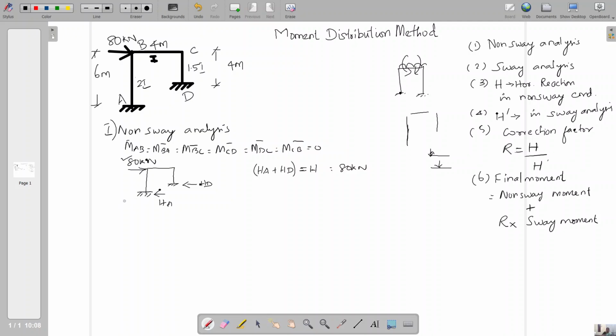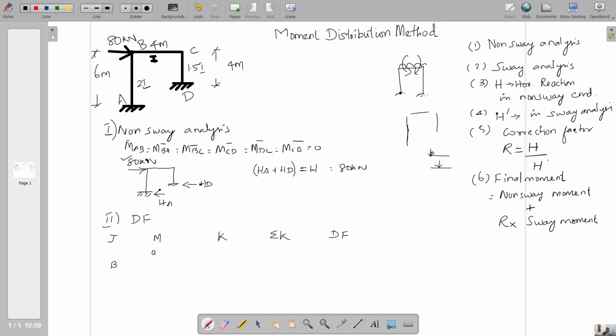The second one, we are coming to the distribution factor, because there is no need of calculating the distribution factor for the non-sway analysis. Then I am giving the distribution factor analysis. How can we calculate? Joint, member, K value, summation of K, and distribution factor. There are two internal joints.